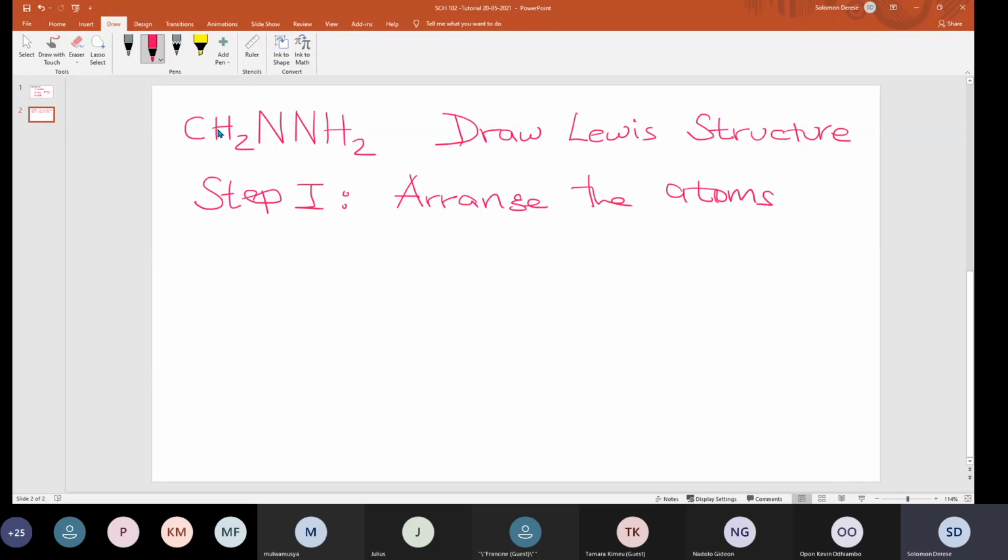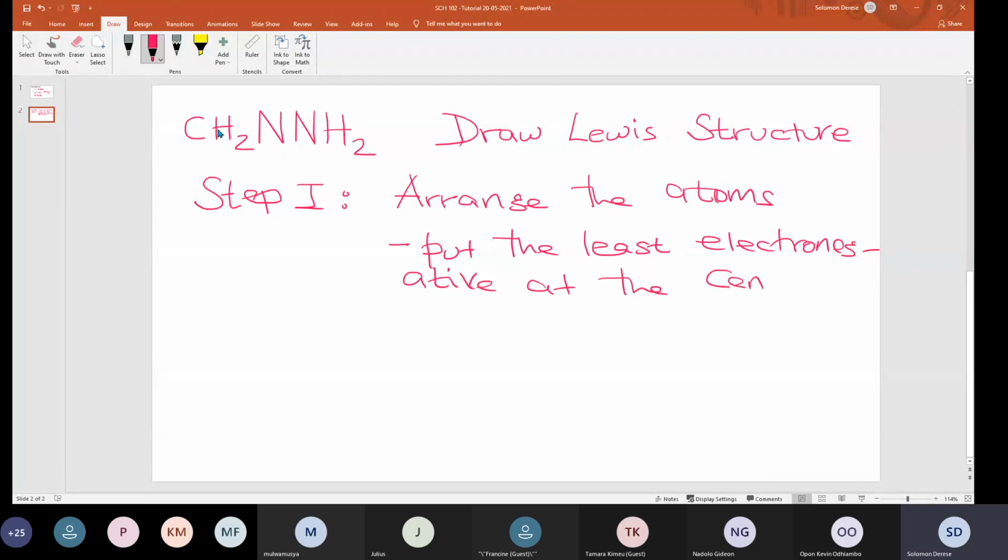And when we arrange the atoms, we are not doing it casually. We follow some basic principles. One of the things we follow is: put the least electronegative element at the center. It works most of the time, except there are some few exceptional cases which we may not come across in this unit.